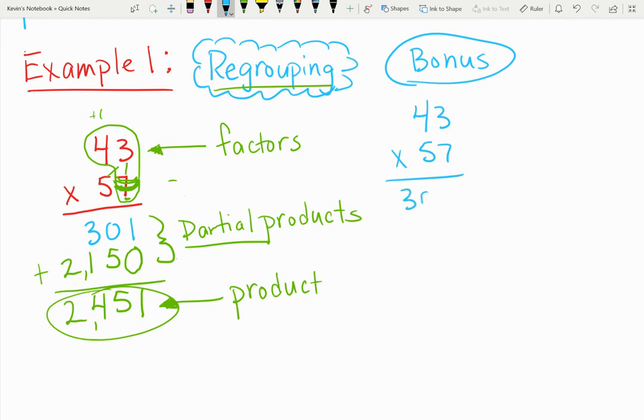So 301 is my first partial product, and then I have 2,150, and our final product is 2,451. So I just matched everything over.